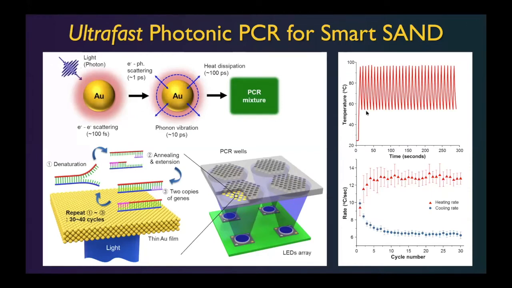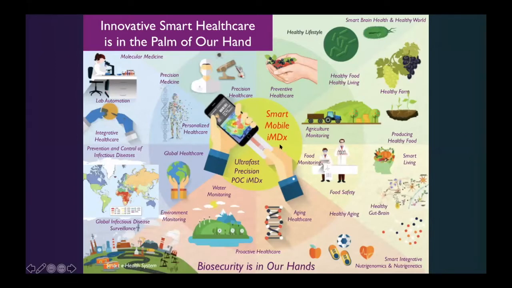Now our record is less than a minute, so that we can think about how to make a very, very fast and precise smart sensor. Eventually we can monitor not only our disease, but also water condition, as well as food and agricultural products, so that we can have a clear idea how to put them together.